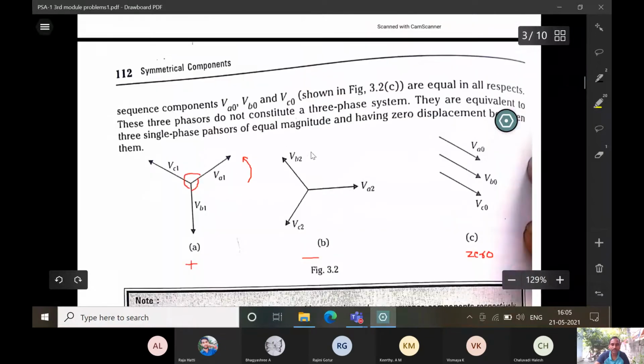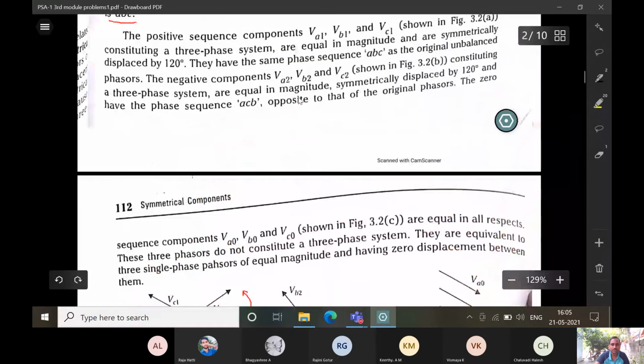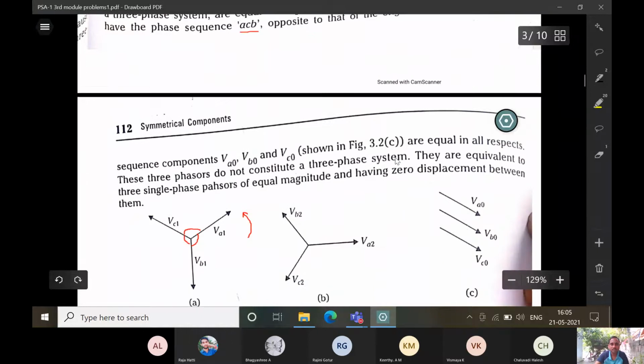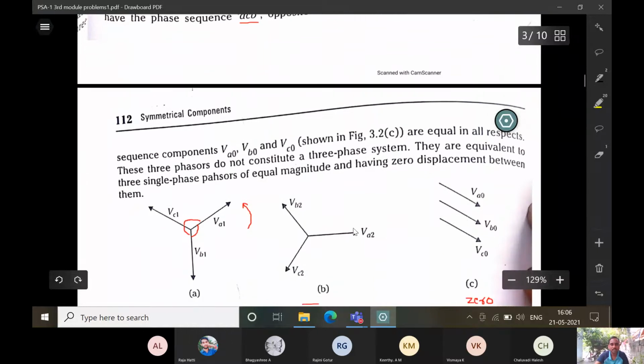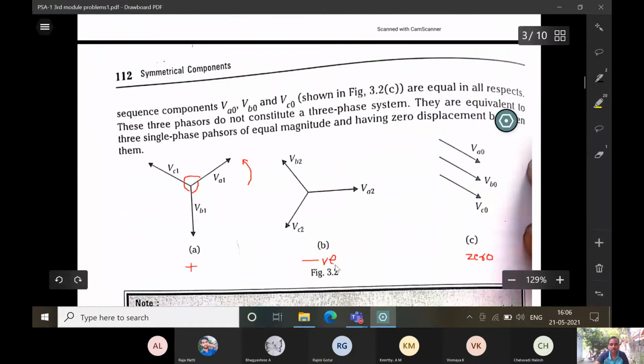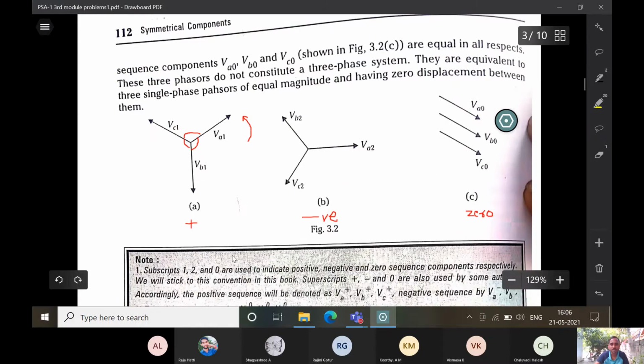So the negative sequence components VA2, VB2 and VC2 constituting the three-phase system are equal in magnitude, symmetrically displaced by 120 degrees, and have a phase sequence of ACB, opposite to the original phasor. Then it is called the negative sequence component. The only change is that B takes the place of C, and C takes the place of B. The third one is VA0, VB0 and VC0, the zero sequence component.